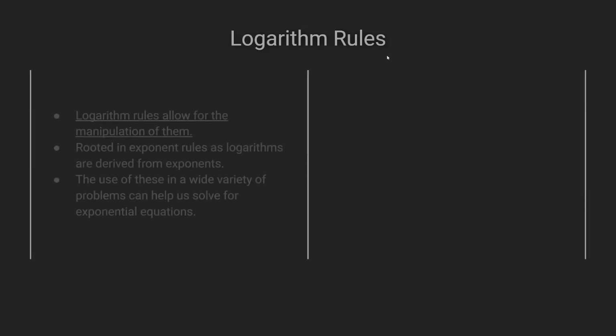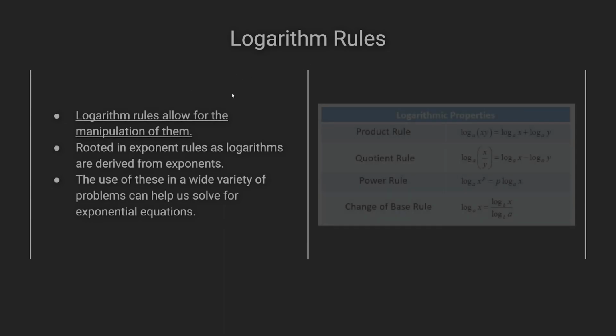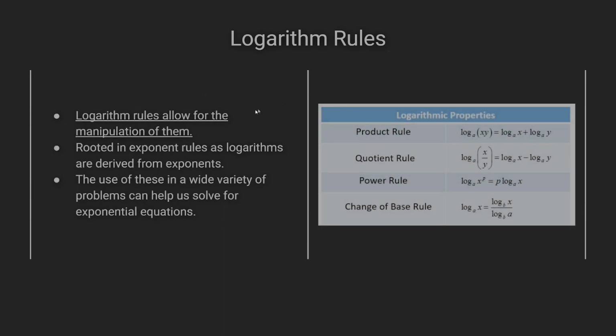So logarithm rules, these are the rules that allow you to manipulate them. They're pretty simple. The product rule: if there's an x and y variable in the same parentheses, then it's adding, log a of x plus log a of y. The quotient rule: if you're dividing x over y in the parentheses, then it will be log a x minus log a y.